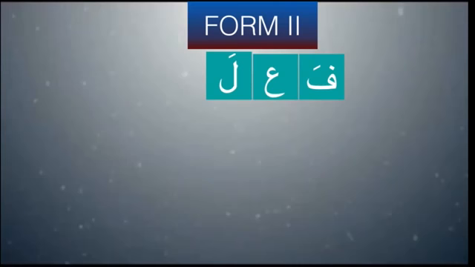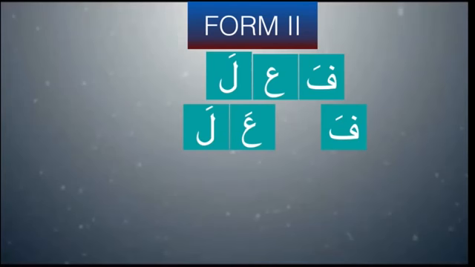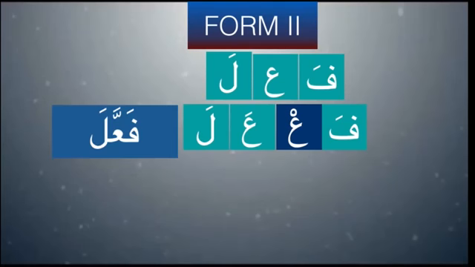Let's quickly recap what we have learned. Form 2, how is it formed? You bring your three-letter verb, and there is an addition. The fa kalima will retain its fatha, the ain kalima will have a fatha, and the lam kalima will have a fatha. The addition is that the ain kalima carries a shaddah, which makes fa''ala, that is the madi.